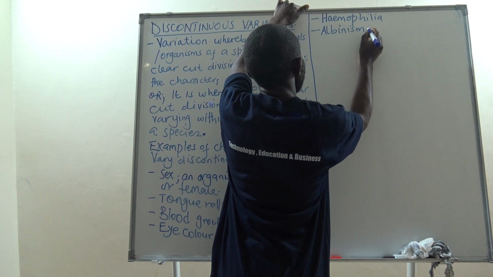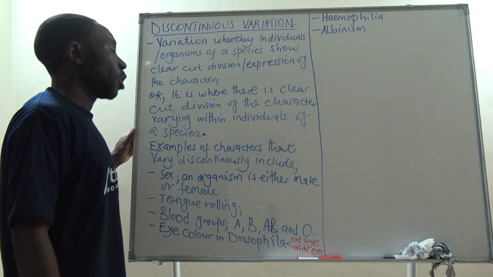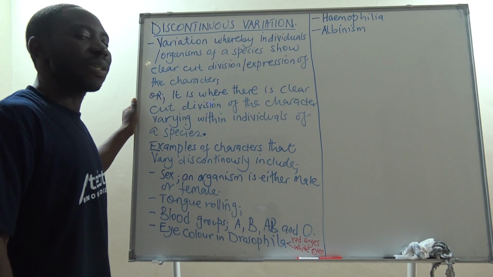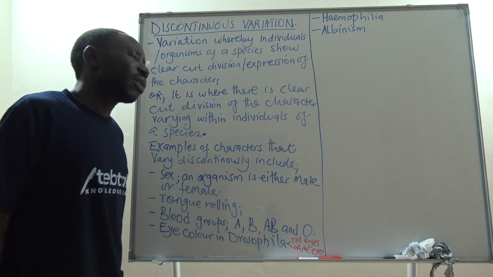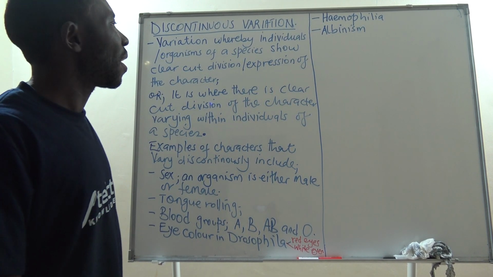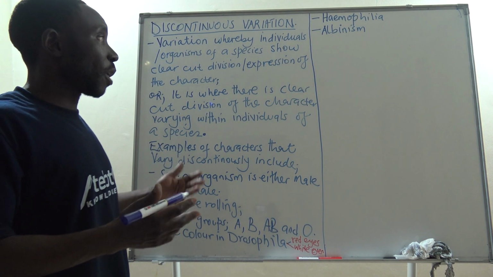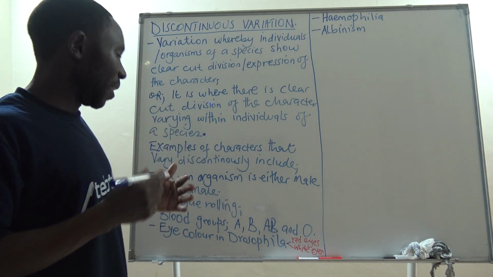One can be an albino. Albinism is also an example of a character which varies discontinuously. Previously we discussed hemophilia and albinism, so I believe that one is not a challenge now. You know what they mean.